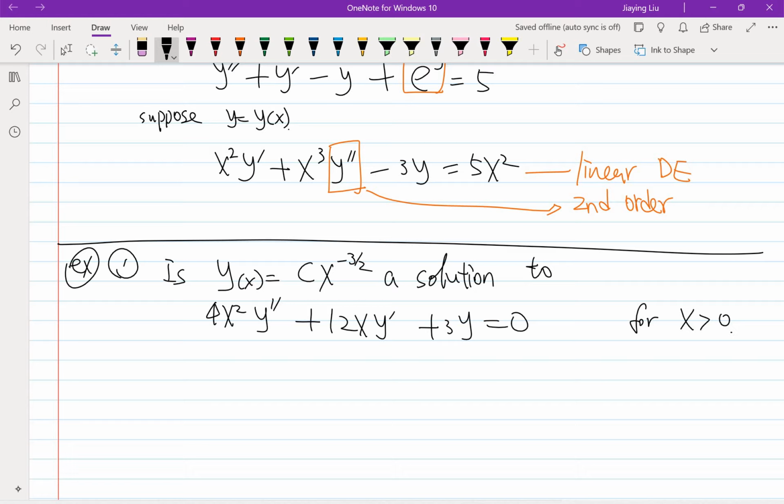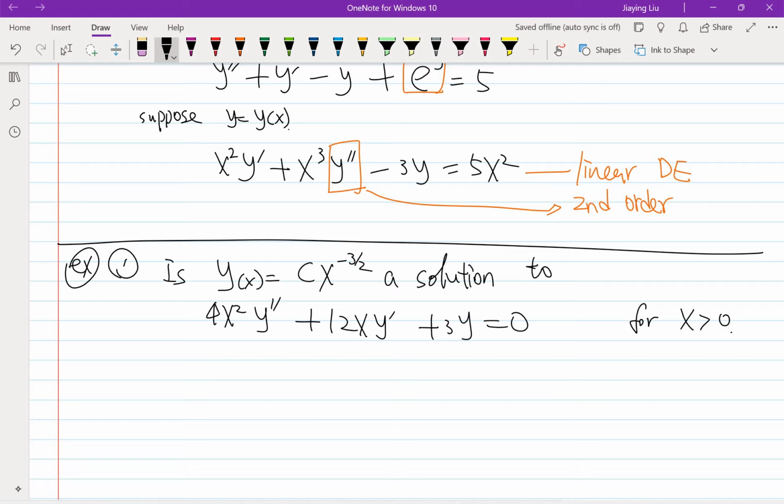So here we have a differential equation, and if you quickly look at it, it's second order, and it's linear, and it's an ordinary differential equation. Is that a solution to this equation?